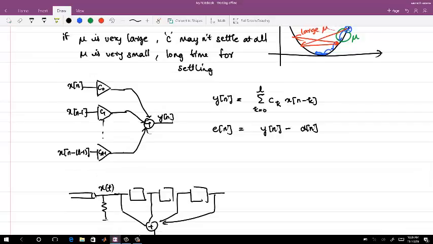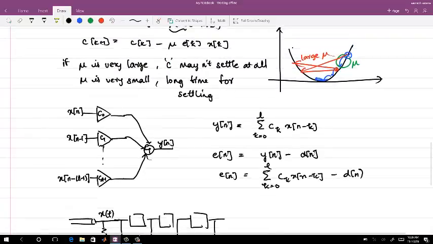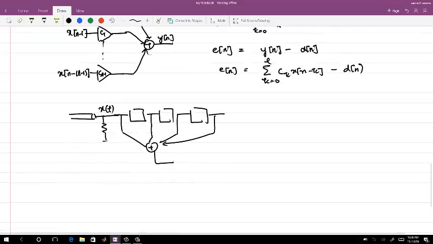So the error is equal to the sum of k equals 0 to L of Ck x of n minus k, minus d of n. Now I will use the same thing I used just before, for the C naught, calculating the slope of the e square value.